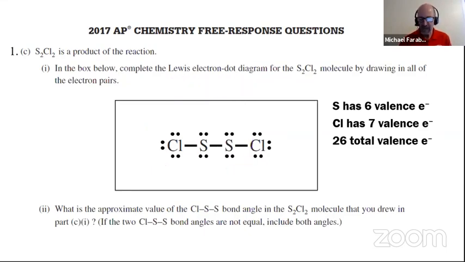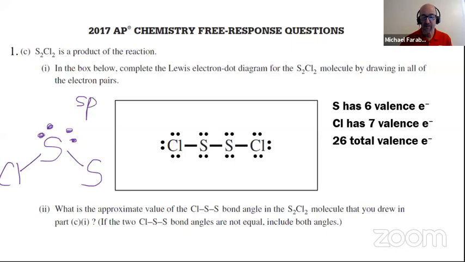Now, we know that if I have, in this case, a sulfur, and there is a chlorine on the one side, and there is a sulfur on the other side, and there are these lone pairs of electrons as well, this represents what is called sp3 hybridization, and there are 4 electron domains.